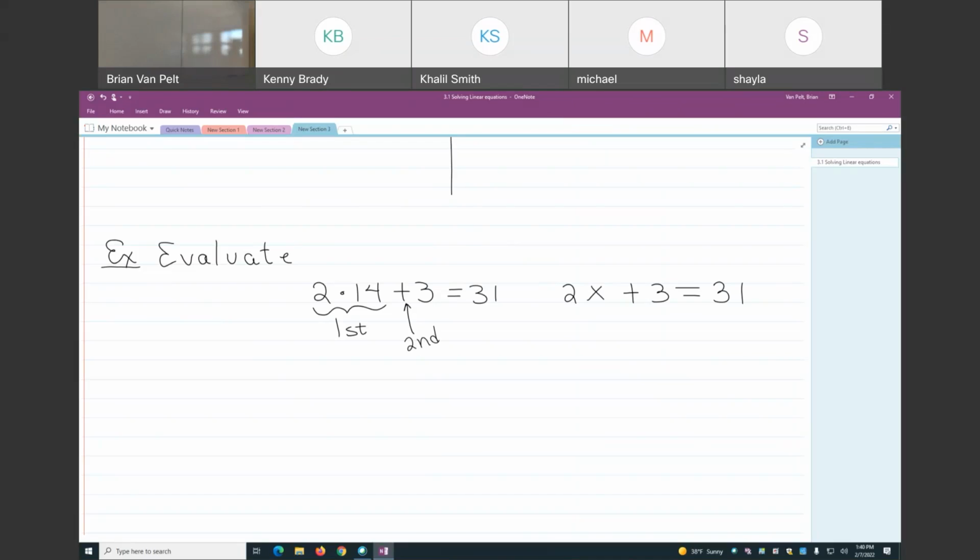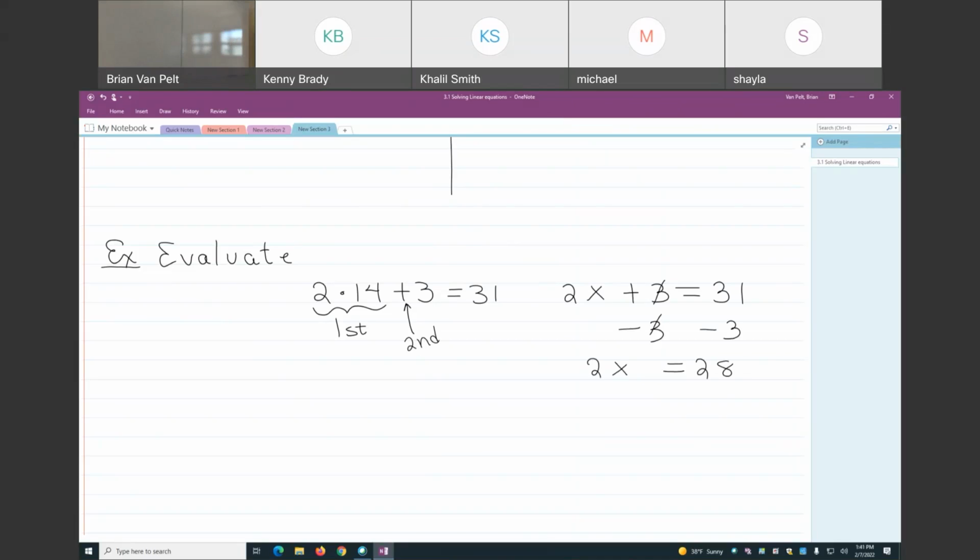So what I did first, I multiplied first and then I added. Now what I'm going to do first is subtract. So I'm undoing number 2. You understand? What happens when I do that? These 3's will cancel. I'll have a 28 on the right, and on the left I will have 2x.